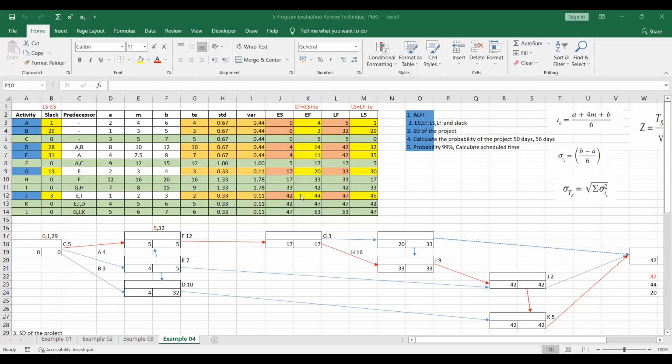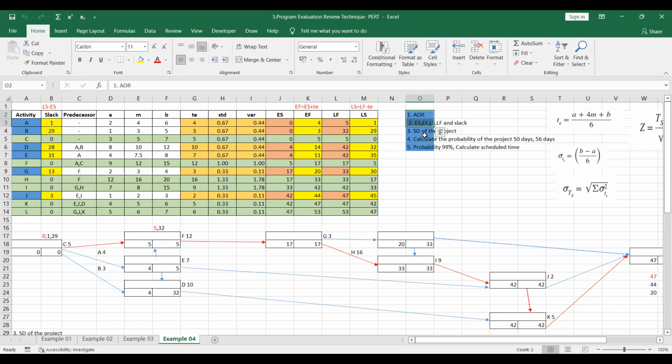After identifying the critical path, I have highlighted those critical paths, right? So I have completed up to this point, and all the calculations in the table I have done, right? So I have to do the standard deviation of the project.